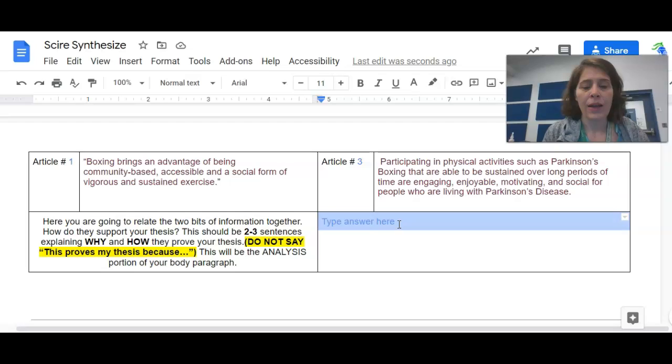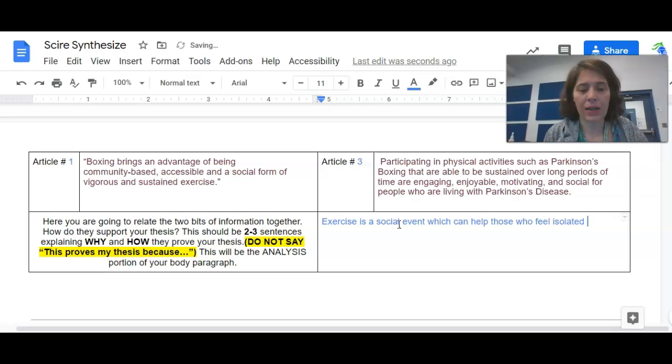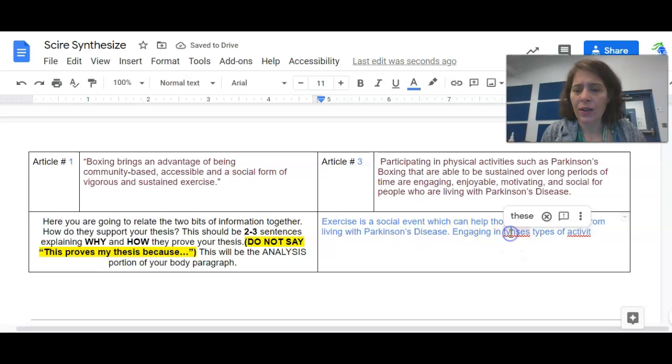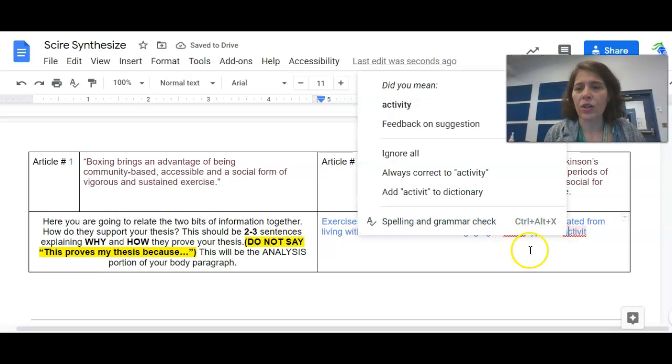I want to say that exercise is a social event which can help those who feel isolated from living with Parkinson's disease. Let's just start that part over.